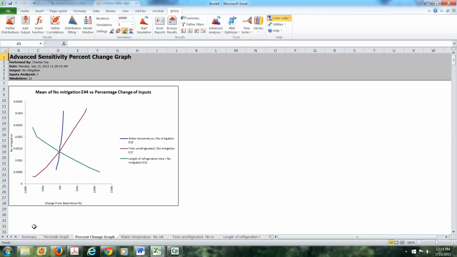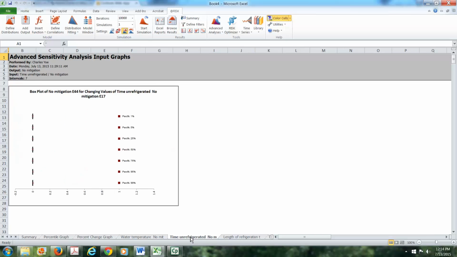And for the green, you also see the negative slope there. So these are different ways to take a look at your data to find out which variables have the greatest impact on your output. There are additional graphics here.